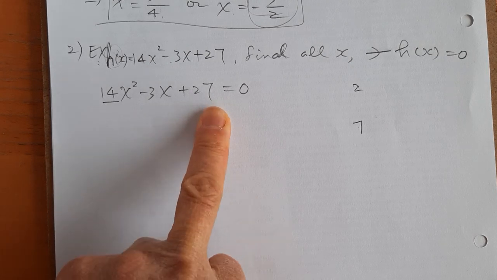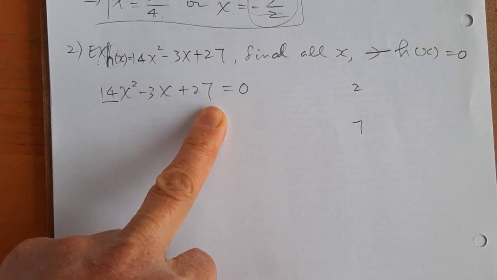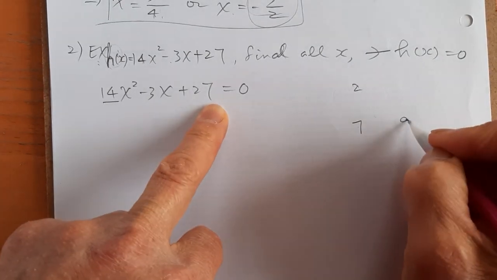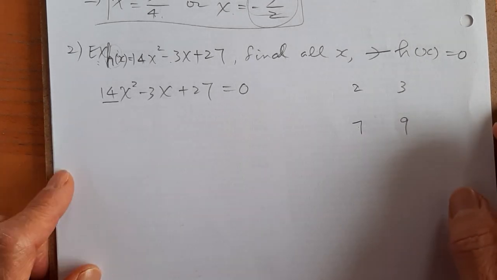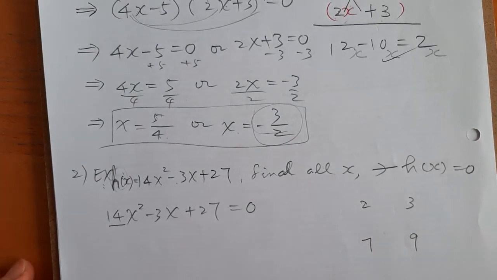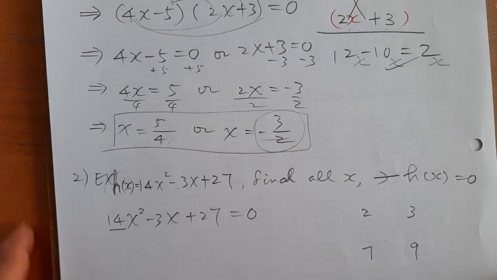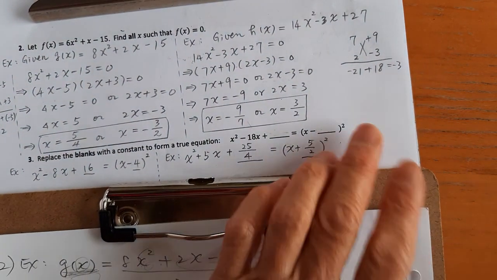27, you can factor as 9 times 3 or 1 times 27. So try 9 times 3, the two numbers closer to each other first. And since this is a plus 27, it should be minus 27. Okay, minus 27.